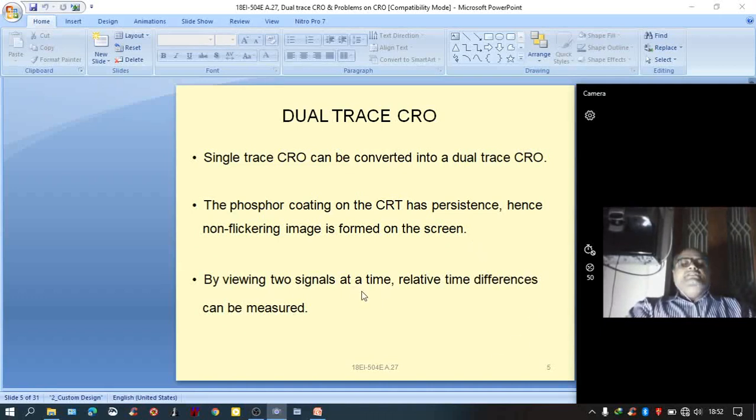Now, by viewing two signals at a time, relative time differences can be measured.